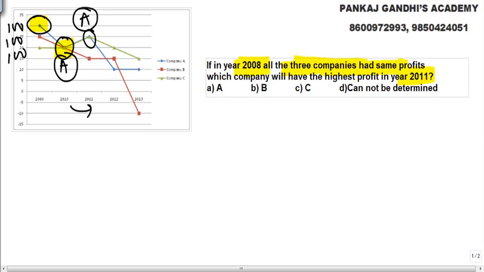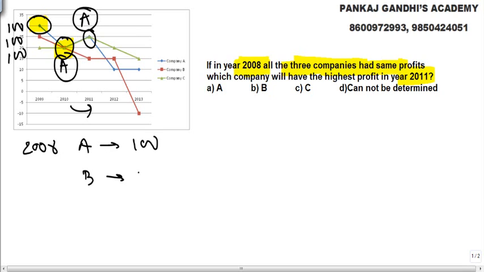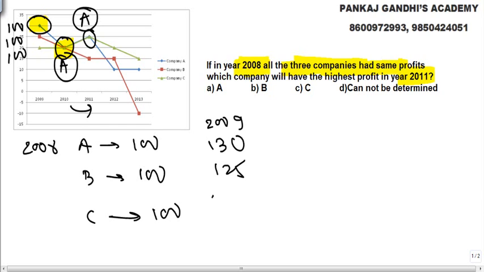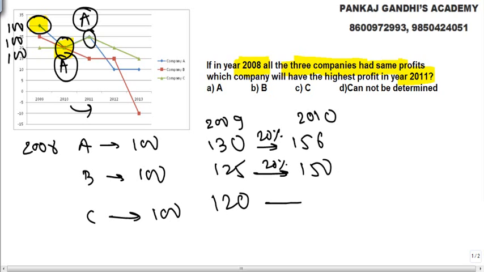If you want to practice, you can do it: in 2008 A started with 100, given is B started with 100. In 2009 A is 130, B is 125, we have done it enough. In 2010 all grew by 20%, 20% of this, 20% of this, and 20% of this.